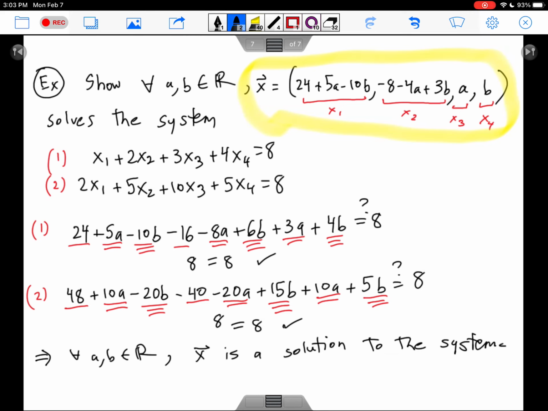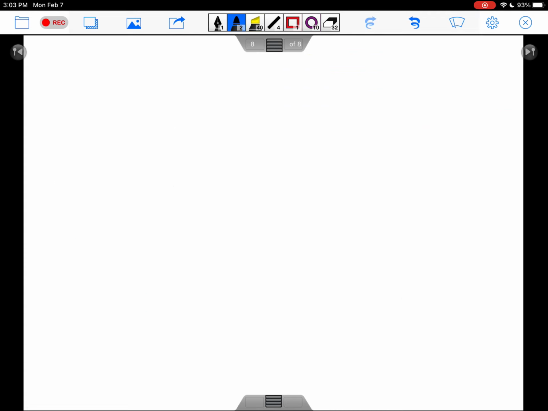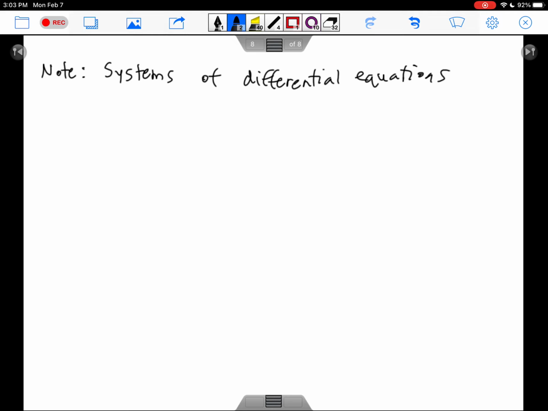Now, one important thing about system notation is that we can also formulate differential equations in a similar way. In particular, systems of differential equations can be formulated using matrix functions also.